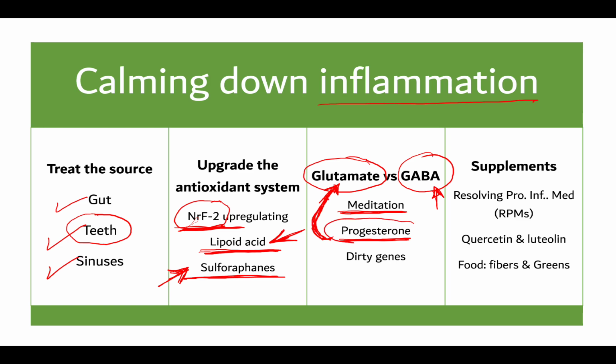However, not every progesterone does this role. We mean here the micronized progesterone or the natural progesterone, not the drug progesterone or the artificial progesterone. The drug progesterone, we call them progestins, not progesterone.